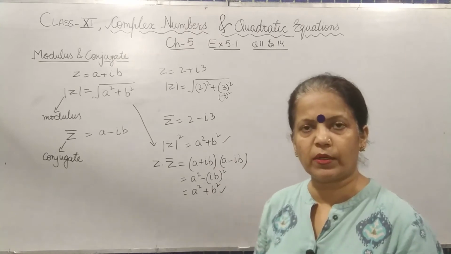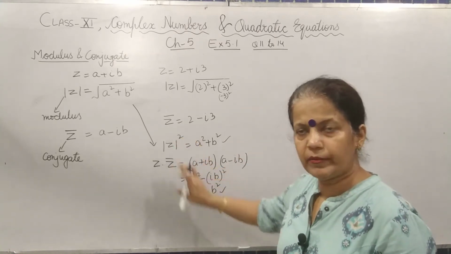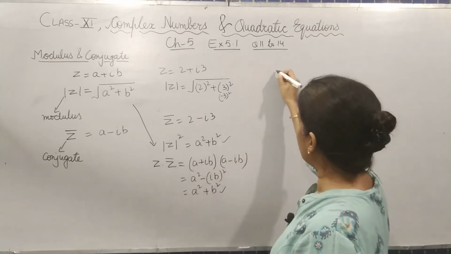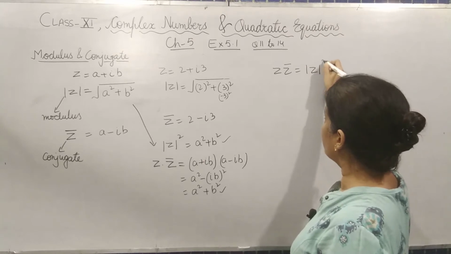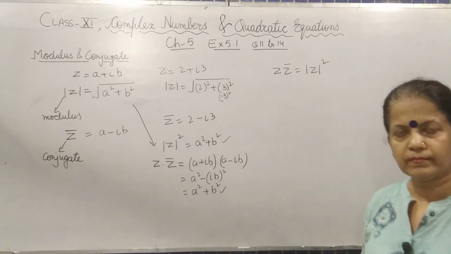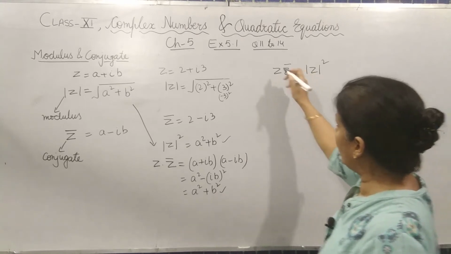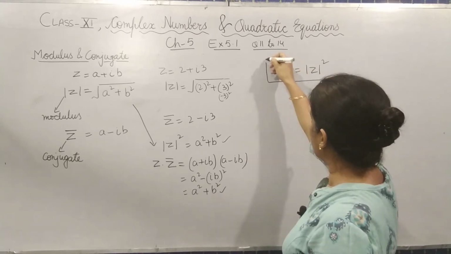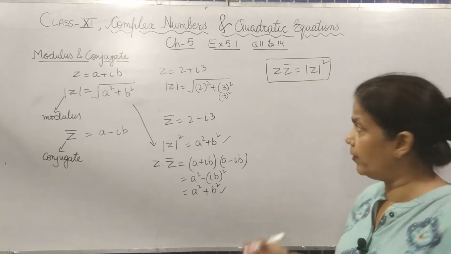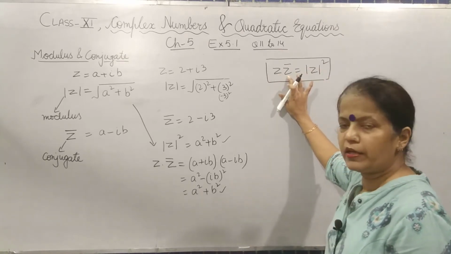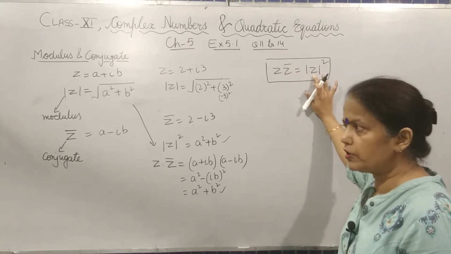Both of them are equal. So what result do you get? z into z bar equals modulus of z square. Is it clear? z into z bar equals modulus of z square, where z is the complex number, z bar is the conjugate and modulus of z is the modulus.